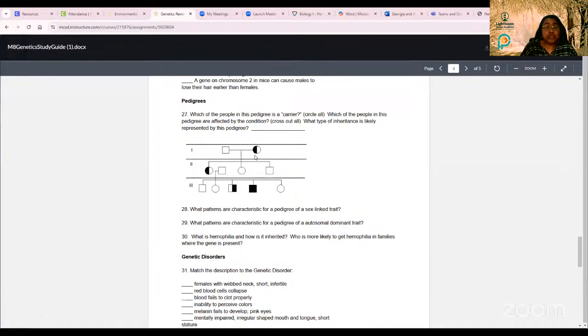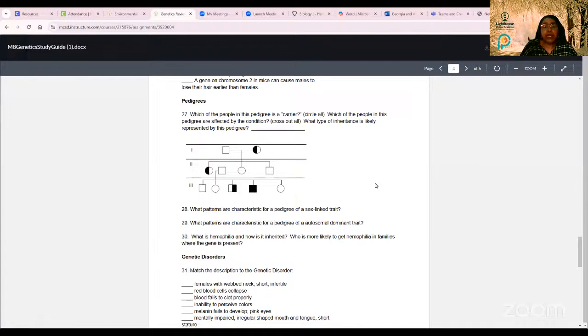So you would indicate that on the first generation, the circle, which is your female, is a carrier. In our second generation, one of the female children is a carrier. And in the third generation, one of the males is a carrier because they're half shaded.